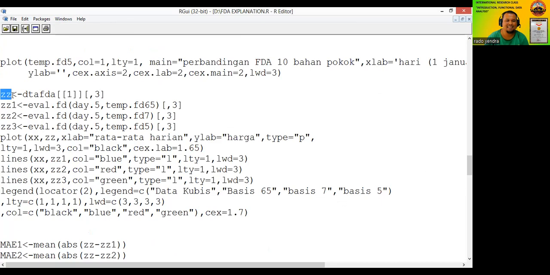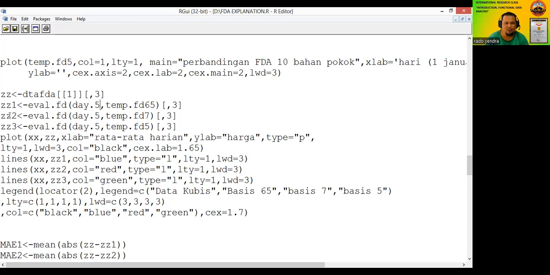ZZ means the real value of the daily average price for the potato. ZZ1 is the daily average price for the potato produced by the Fourier series with the 65 bases.